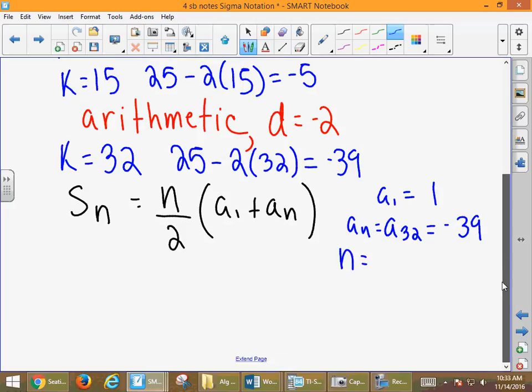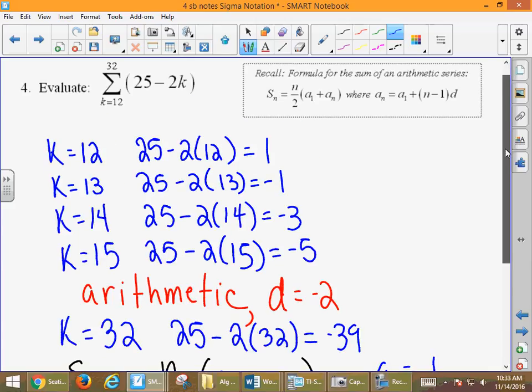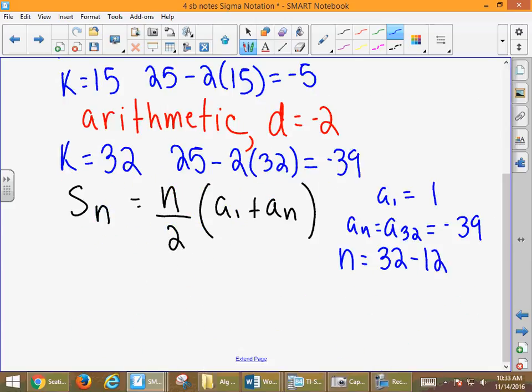So the only question left here is, what's our value of n? Well, we're going to take the top number, which is 32, minus the bottom number on our sigma, which is 12. But to count that 12th value, we need to add 1 in. So we're going to deal with 21 for our n.